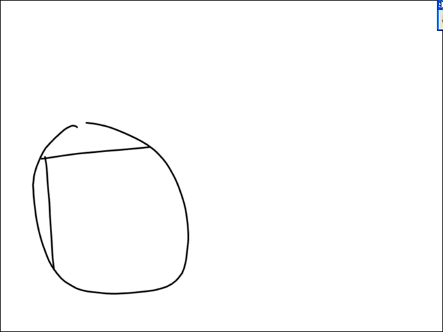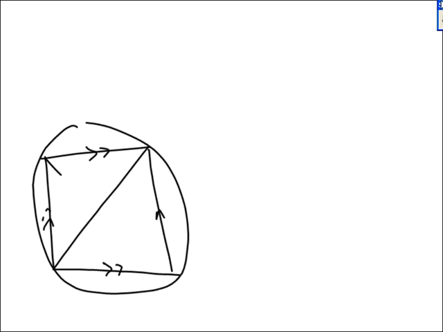Okay, so we have our circle. We have our inscribed four-sided figure. These two sides are parallel, these two sides are parallel. And then I cut them by transversals, this transversal and this transversal, and this angle and that angle are equal, and this angle and that angle are equal.